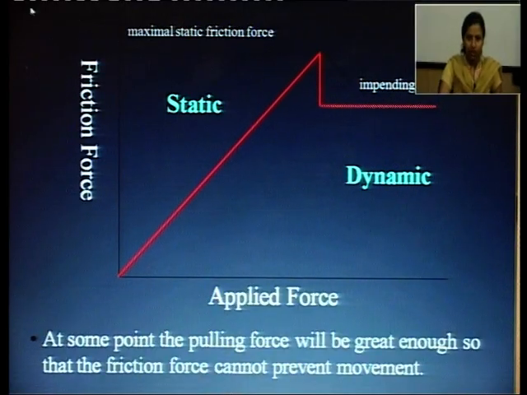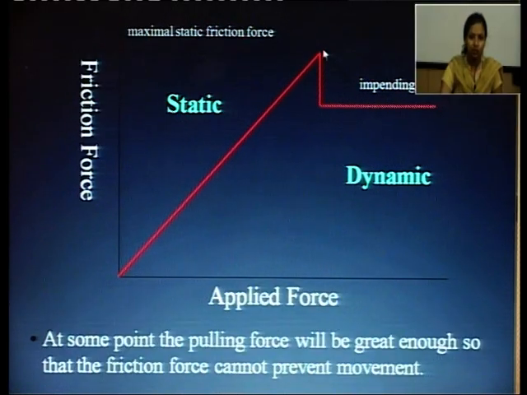This is a pictorial definition of how the forces are changing. If we increase the applied force, then the force of friction continues to increase up to this point, up to the motion. If the body is at rest up to this point, then the force which comes into play is called static friction.